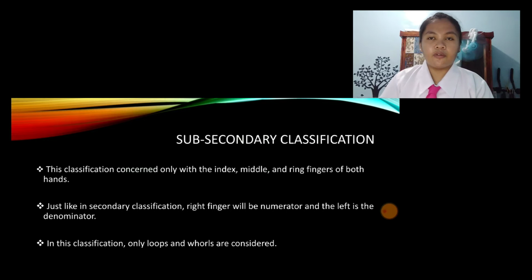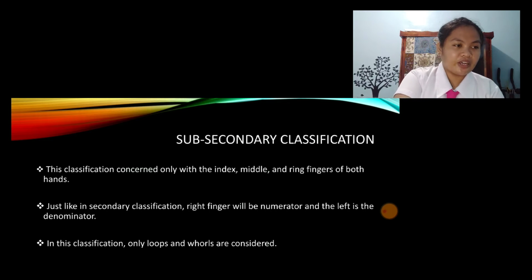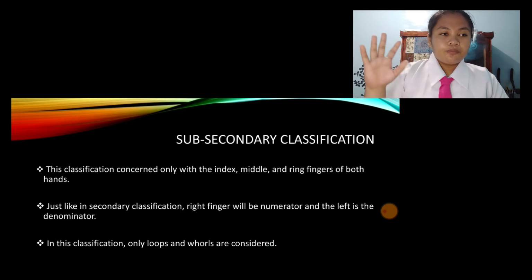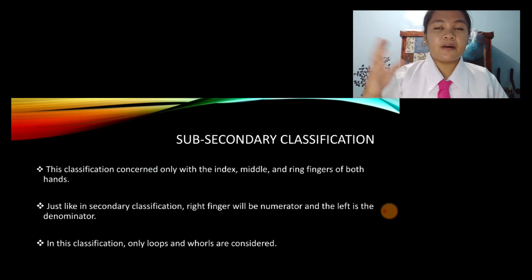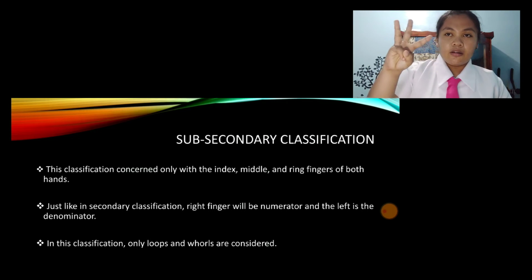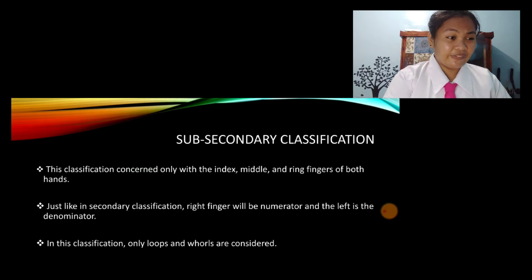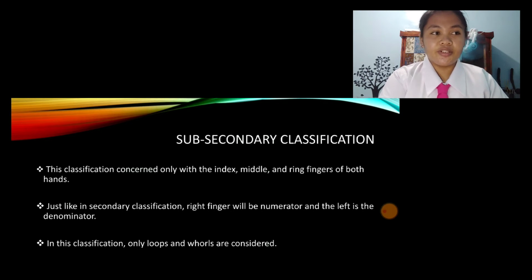Just like in the secondary classification, the right hand will be the numerator and the left will be the denominator. In this classification, only loops and whirls are considered.